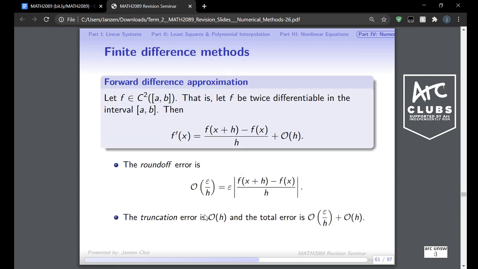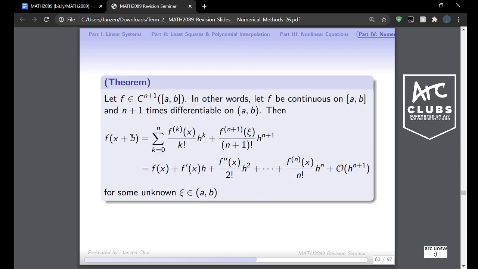So, forward difference approximation. The forward difference approximation allows us to evaluate values of f' given values of f via the following expression. This expression is derived from the first two terms of the Taylor series for f(x plus h).